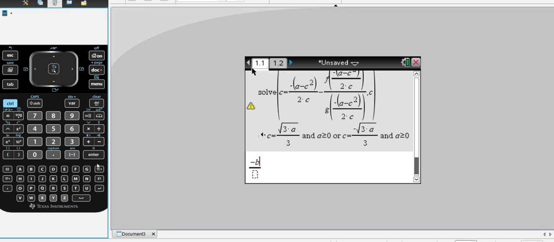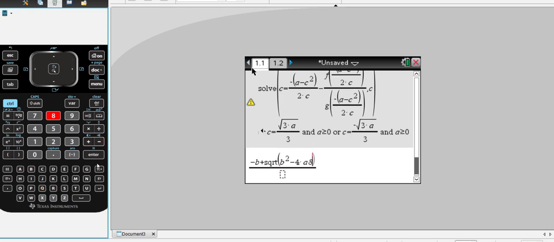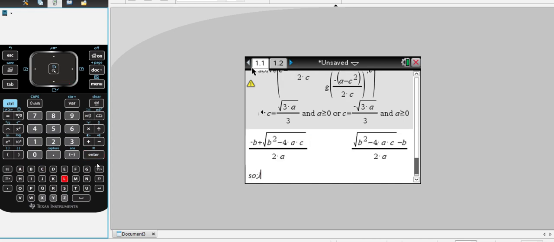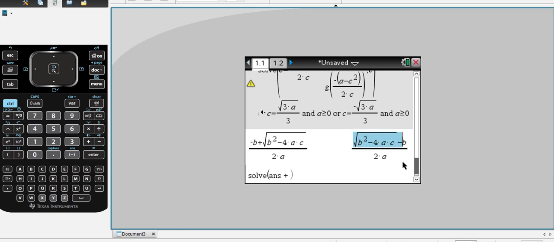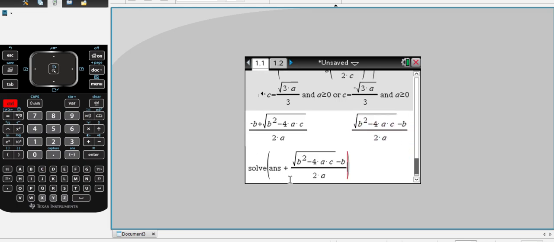Negative b plus square root of b squared minus 4 times a times c over 2a, plus its other solution, the negative version, is equal to their product.